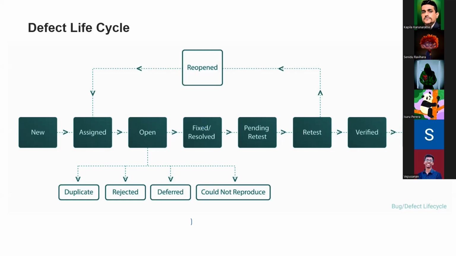Not only the failed test cases, there are some previously passed test cases they have to select because of the code change. So you have to find these impacted areas and test them, and we call this regression testing.